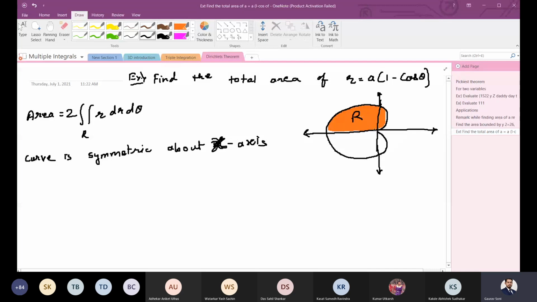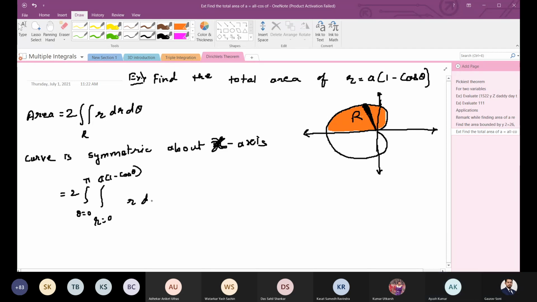Now, as we are working in polar, take the strip starting from the origin and to the curve. We can see that theta is going to be running from 0 to pi. R is running from 0 to the curve. The equation of curve is a into 1 minus cos theta.